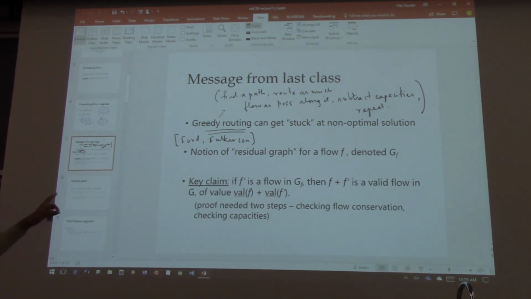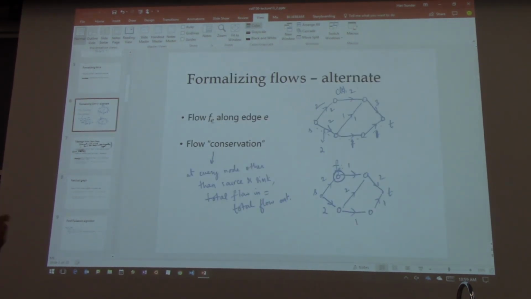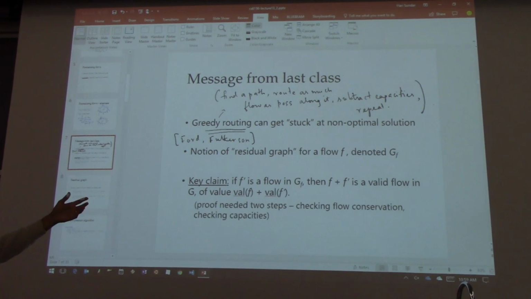If you have any current flow F, by current I mean the present flow from S to T, you can define this graph which is called the residual graph. I was calling it G sub F. It has the same edges as G and it has some backward edges. That was the residual graph.